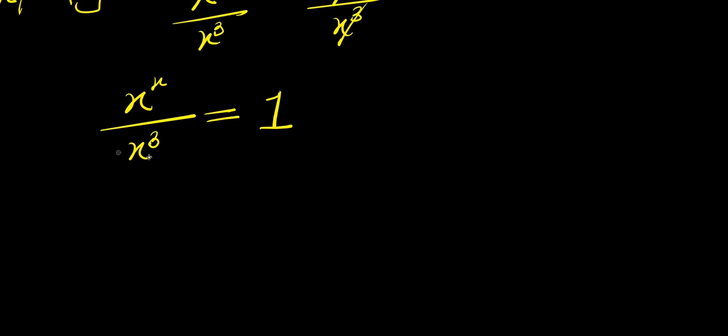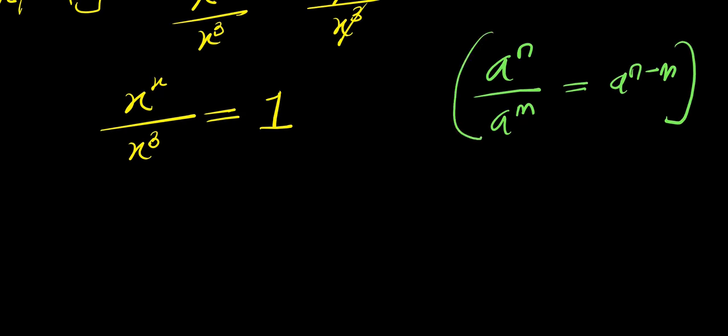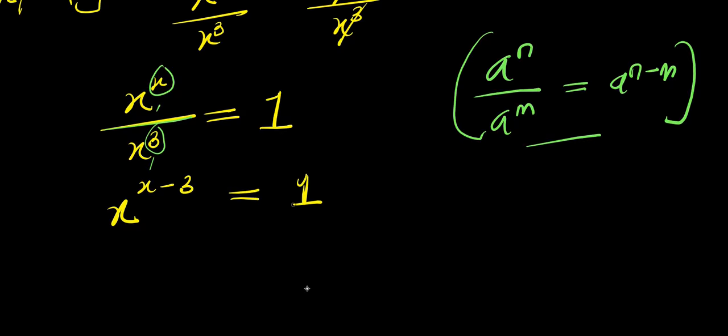Right from here, there is this other identity: if you have a power n divided by a power n, it equals a power n minus n. Applying this identity here, the exponents we are going to subtract because there is a division sign and the bases are obviously the same. We have x power x minus 3 equals 1.